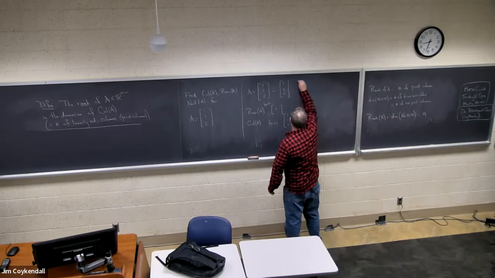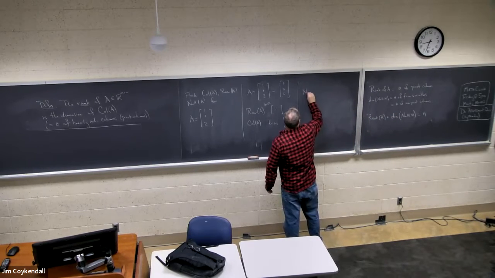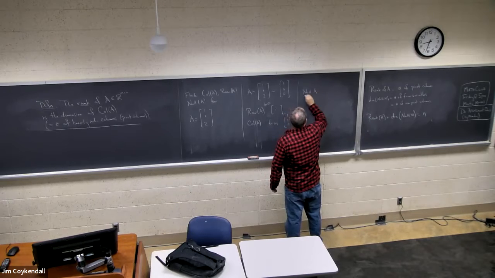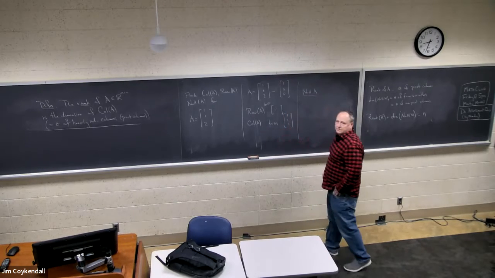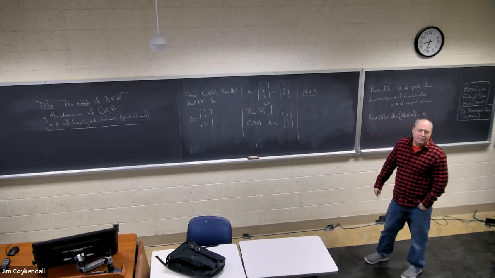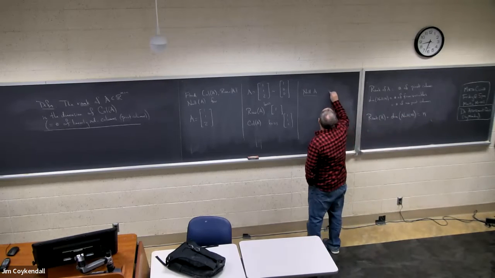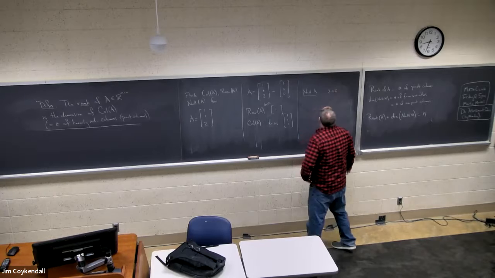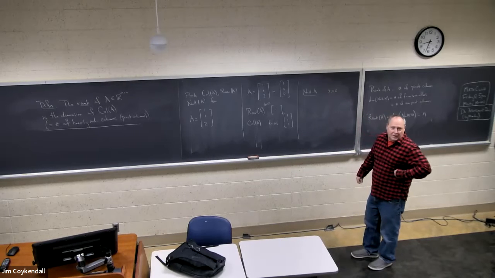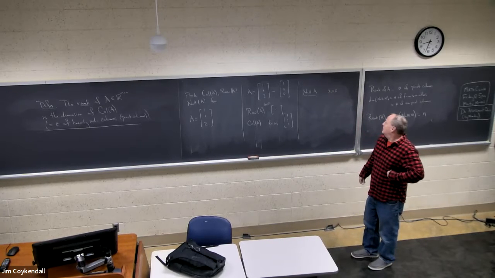And how many free variables are there? 0. It's the only basic variable. You get x1 equals 0. That's essentially the equation.